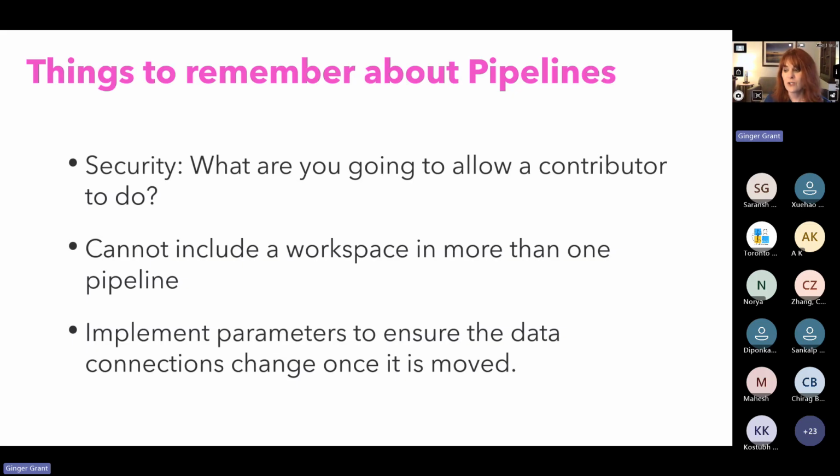You can't include a workspace in more than one pipeline. So, little story here. I was at a client and they're like, we want you to set up a dev pipeline for us. And I'm like, okay. And I tried, and I'm like, well, I can't because I cannot select the workspace. It won't let me. It's not on the list.